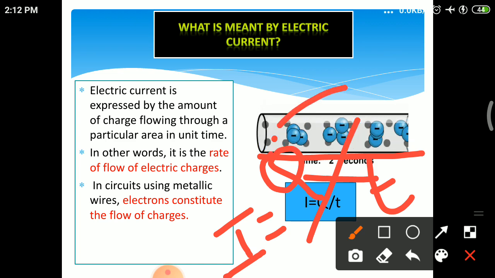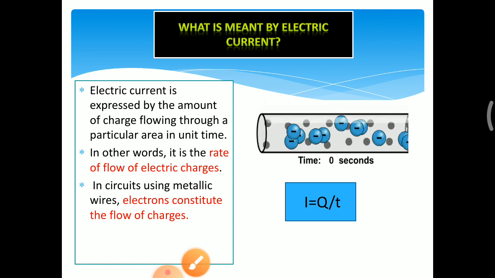The electric charge is nothing but electrons. And T represents time. Are you clear what is meant by the electric current? The amount of charge flowing through a particular area in unit time, with time in seconds. In other words, it is the rate of flow of electric charge. The rate represents the time.